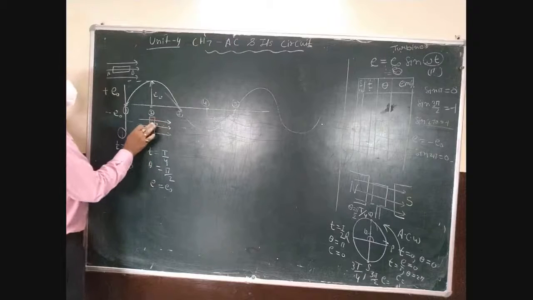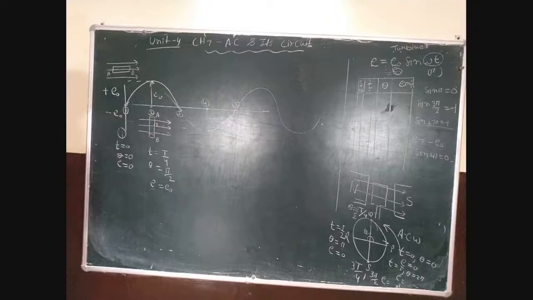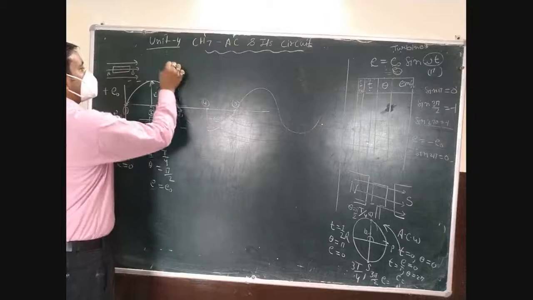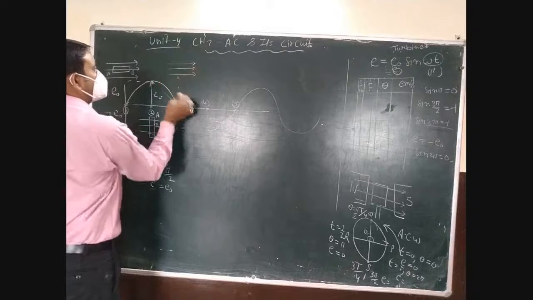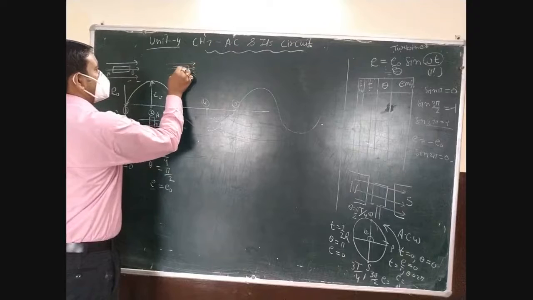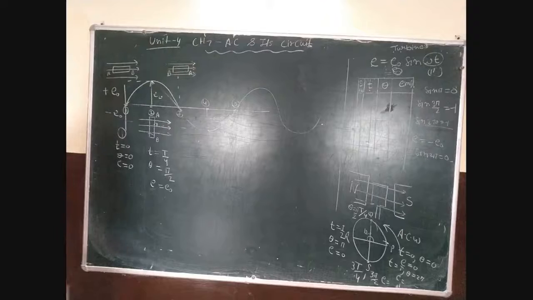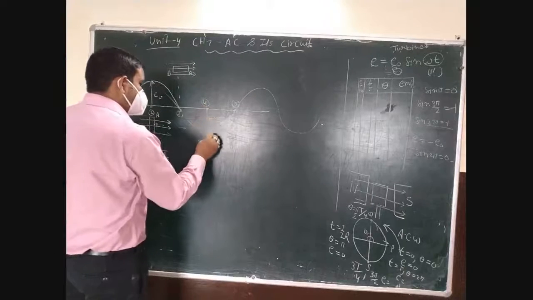Phase of the coil becomes 90. This is point A and this is B. And at this point, the magnetic field and the coil is from A to B, opposite.